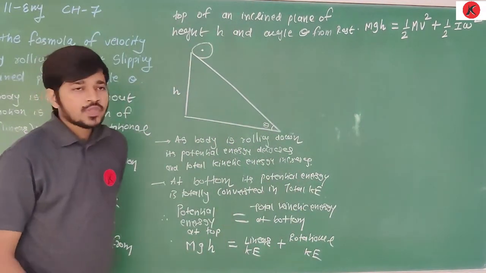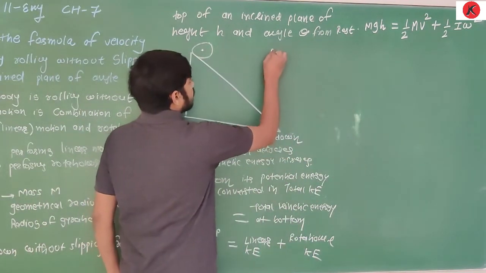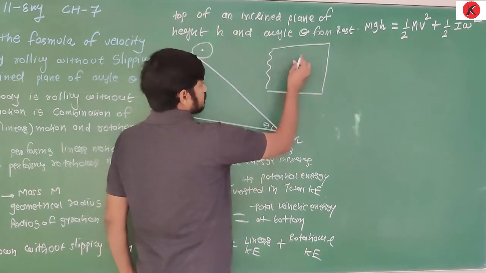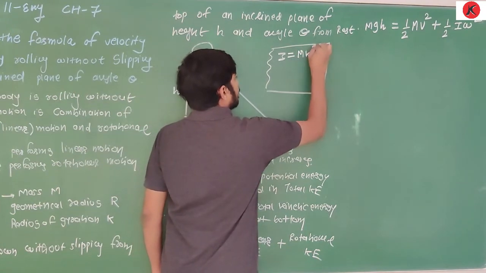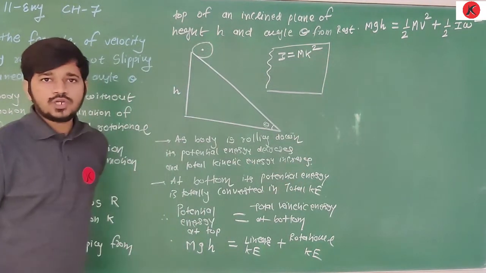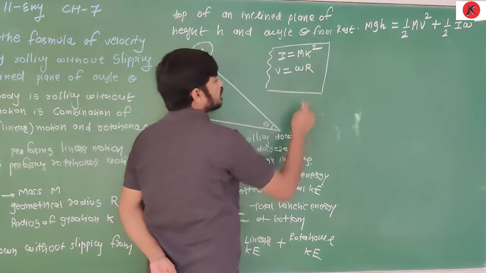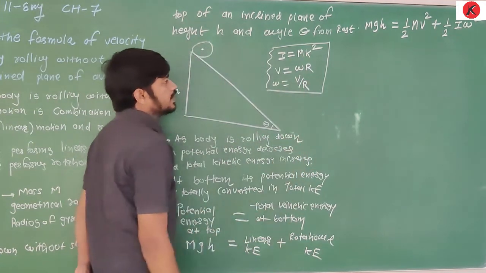Clear about this? Now we know that I is equal to mk square. And another equation, V is equal to omega r, so omega is equal to V upon r.